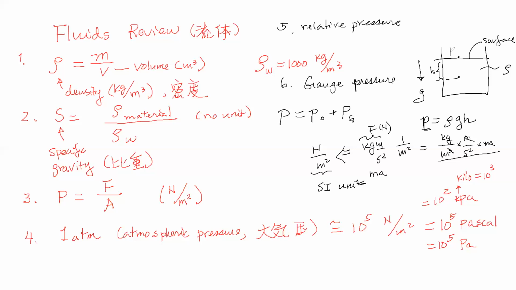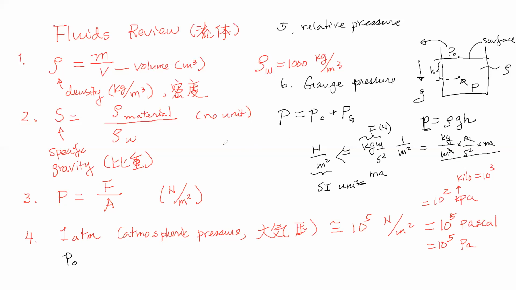So right here, let's say this is P0, and this is the notation for the atmospheric pressure. This is P0 right there. And so right here, if you're interested in the absolute pressure, this P right here, would be the P0 plus this rho g h.